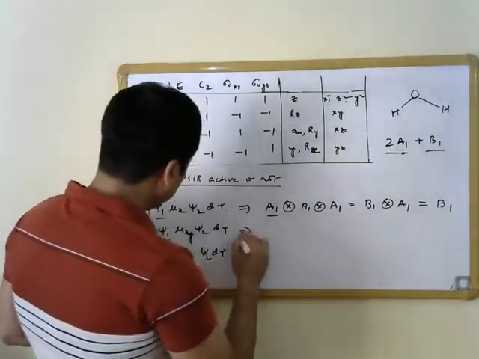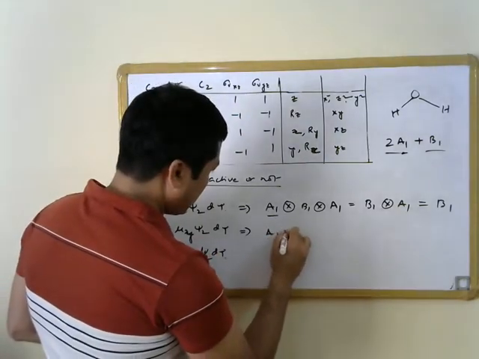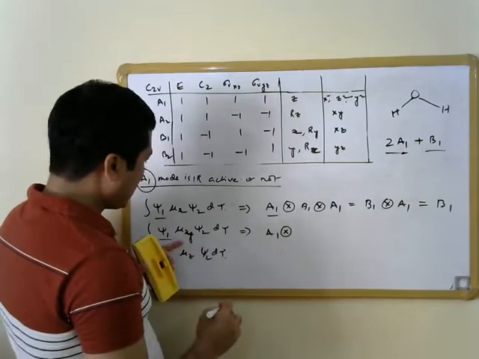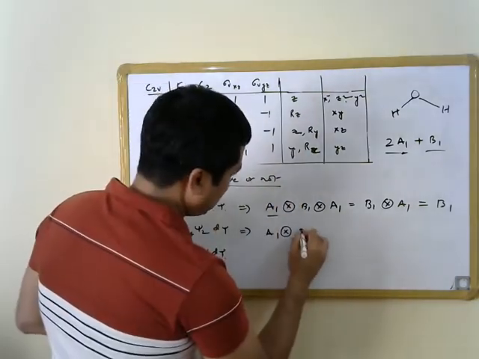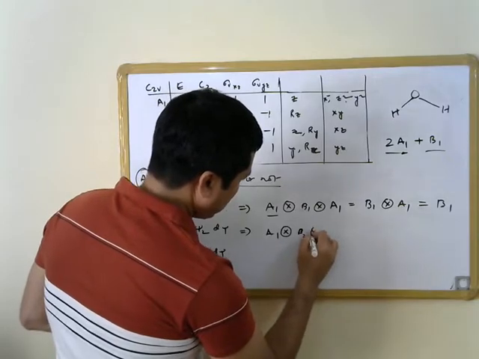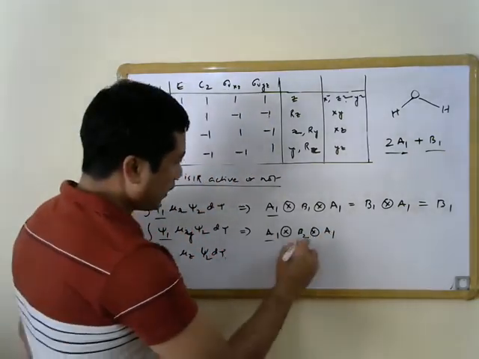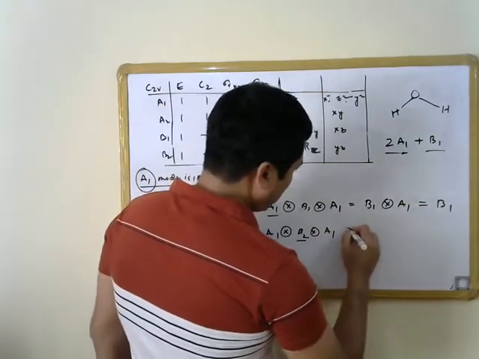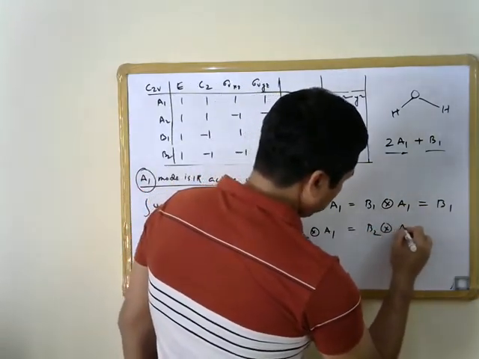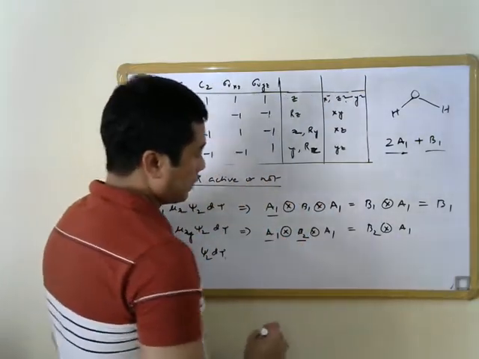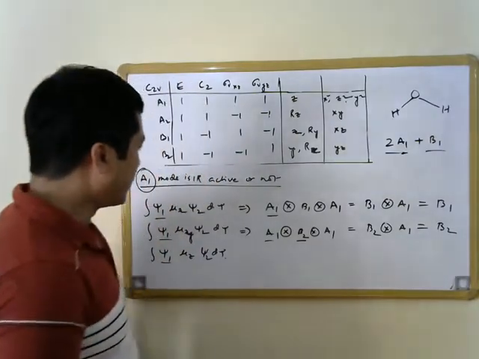Similarly, if we now do the second integral, so A1 for the ground state, mu y, so y is B2, cross A1. So that is going to be A1 into B2, which is equal to B2 cross A1, which is going to be equal to, again, answer equal to B2.